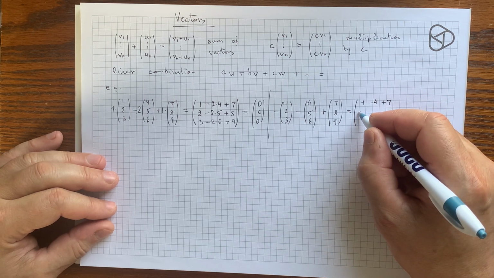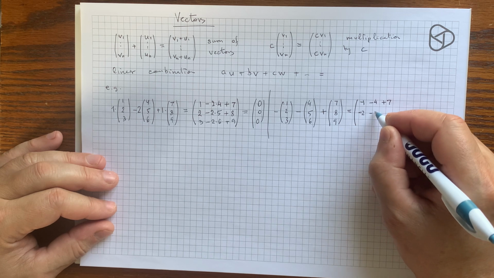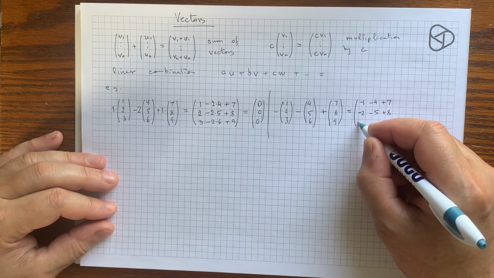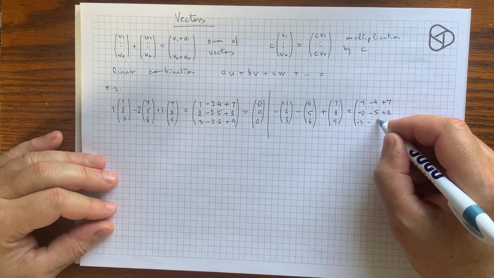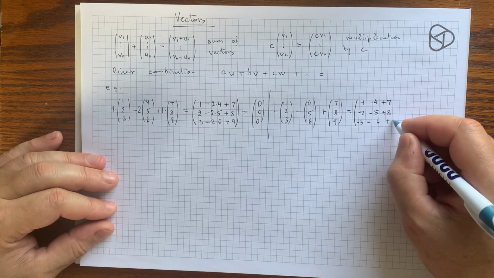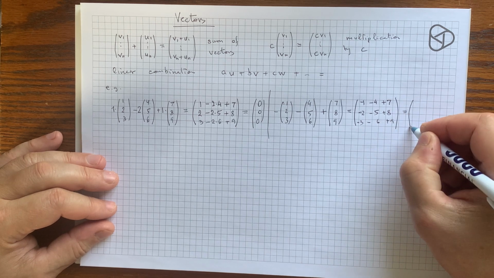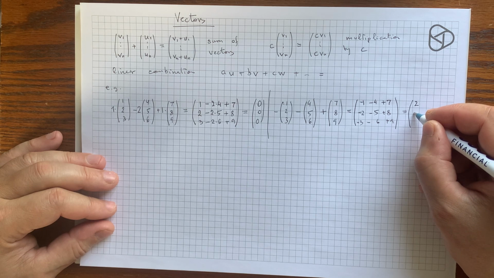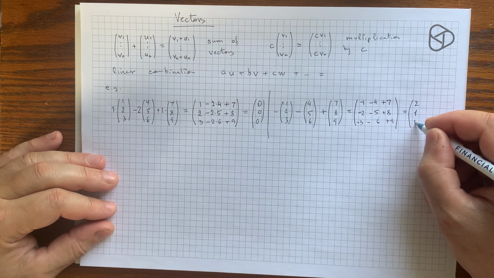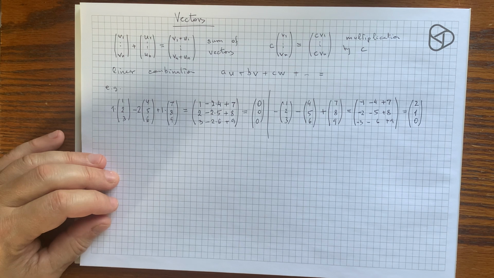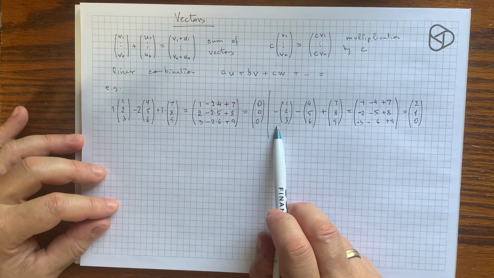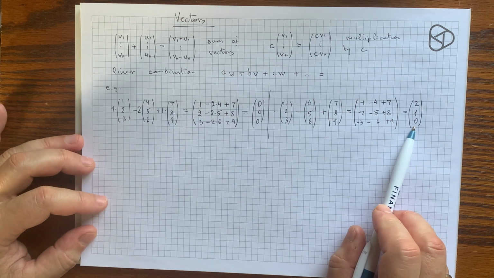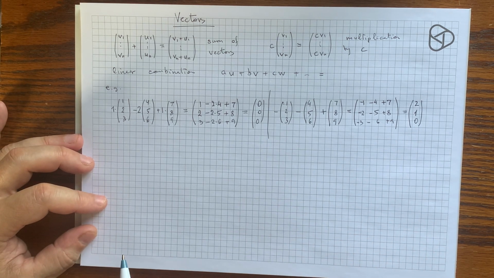In the second we have -2, -5, +8. And in the last we have -3, -6, +9. So this time the totals are 2 for the first coordinate, 1 for the second, and 0 for the last. The linear combination with these coefficients of our three vectors is that vector.